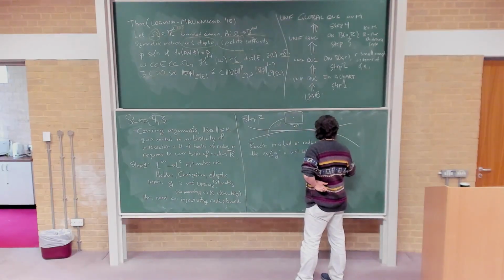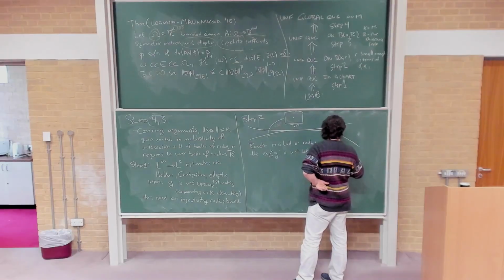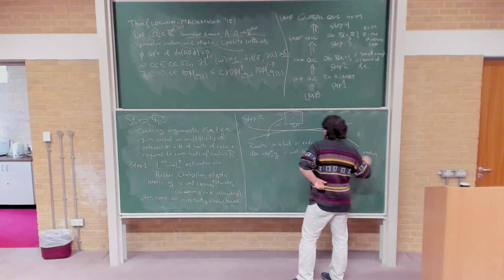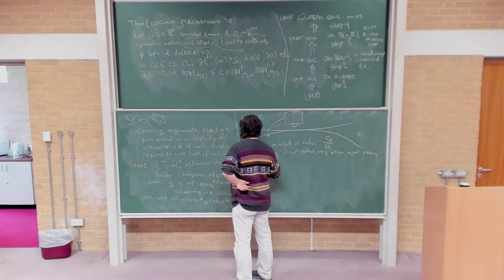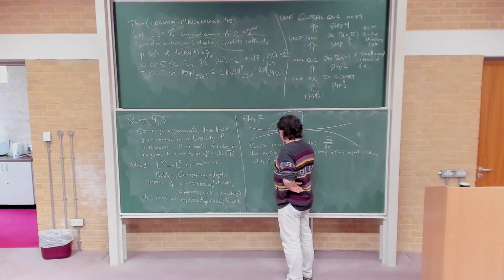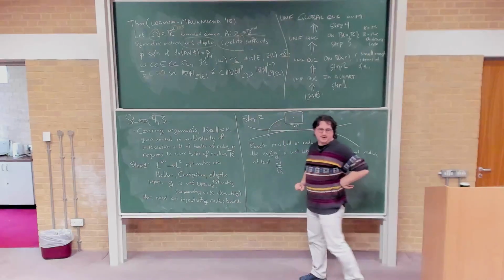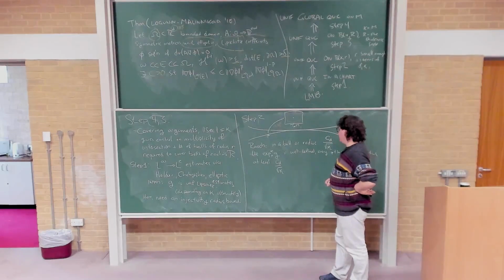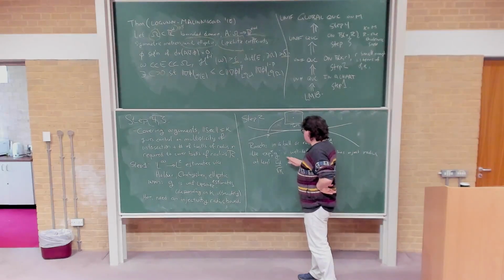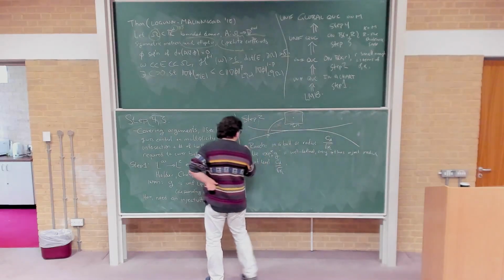Every point has injectivity radius at least some other constant, maybe over root kappa as well. And so that's the first thing that I need to know.